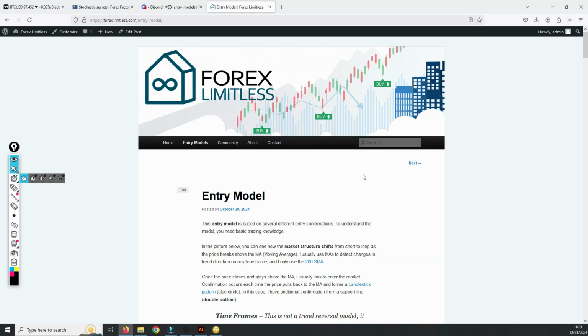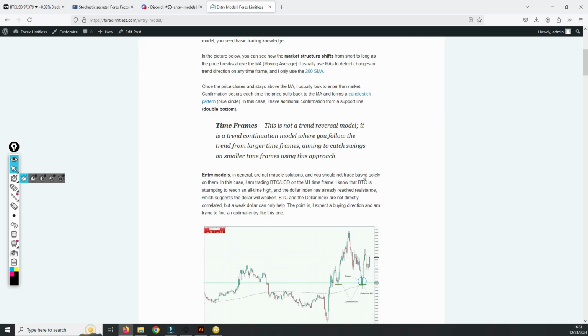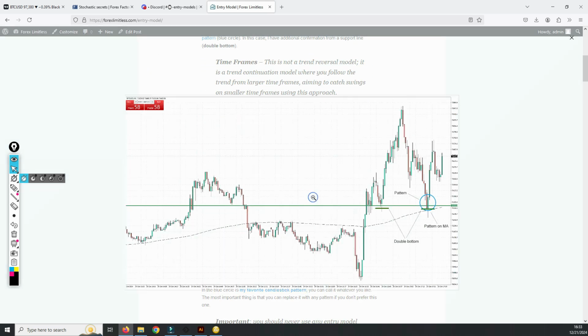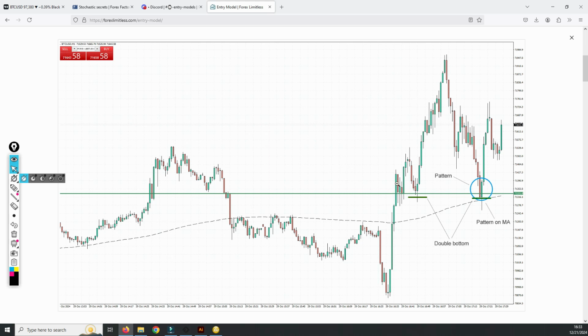And now I'm going to explain this entry model in more detail, and you can find it on my website. Once the price breaks moving average 200 and closes above, what we are looking for is that the price will retest this moving average 200 once again. And this happened exactly on this level here, and the price created my favorite pattern. This pattern consists of two candlesticks. For the bullish one, the first one is bearish and the second one is bullish.